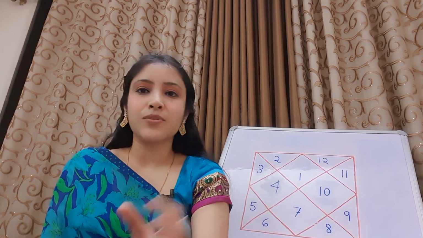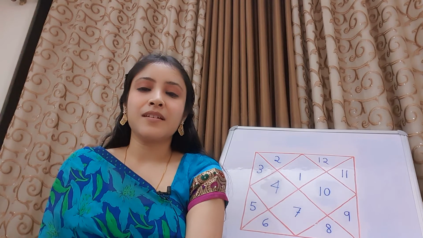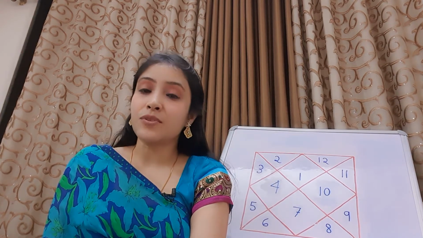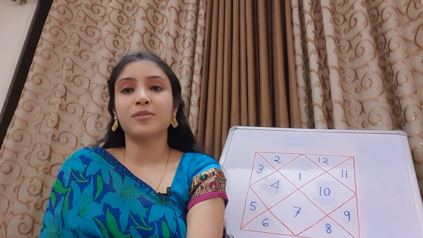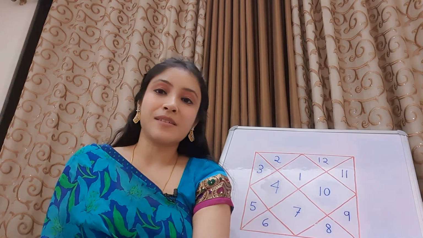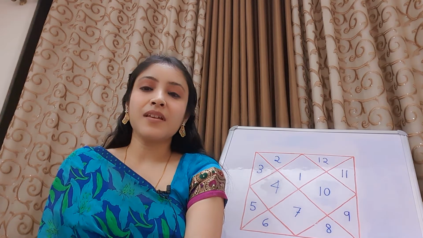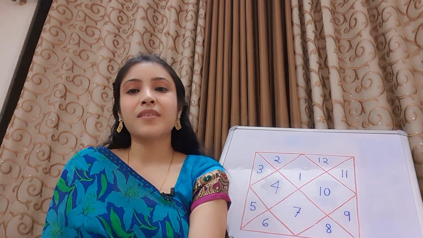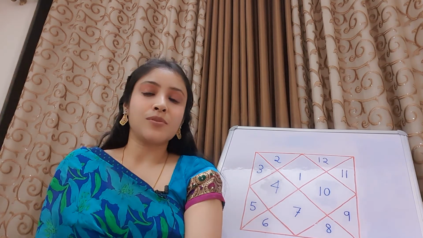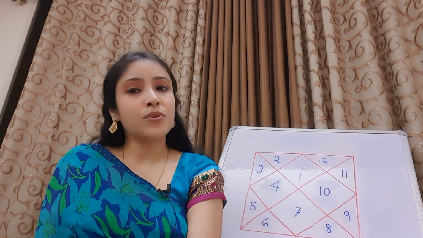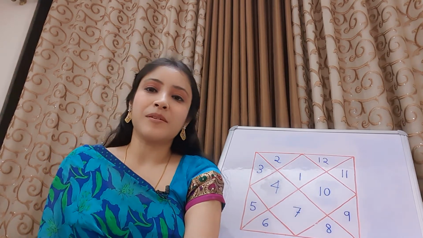Some sort of higher education, which is of a higher level. So fifth house is the house of education also. Fifth house is also the house of love and romance. Fifth house is the house of healing also. Now fifth house, I told you the significator is Jupiter.